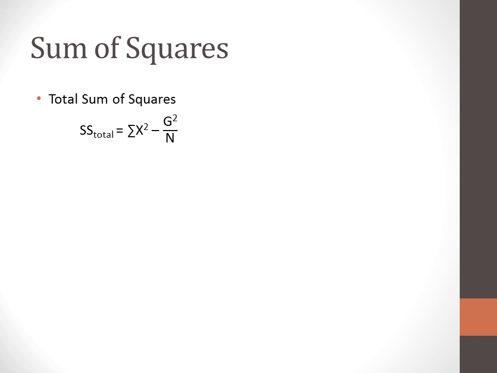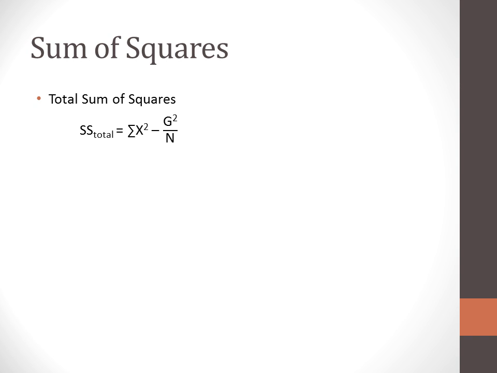And the formula, if you think back to what we've done before, is the sum of every x value squared added up, minus G squared, where G simply represents the sum of all the x values, divided by n. So this is exactly what we did when we did the sums of squares for one group. But now we're not doing it by group, but we do it for the total or the whole experiment.